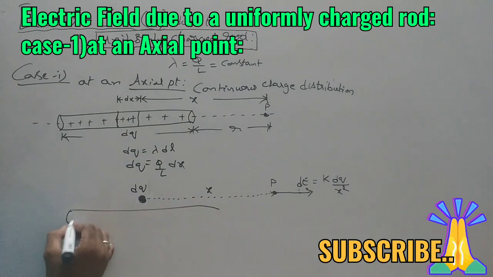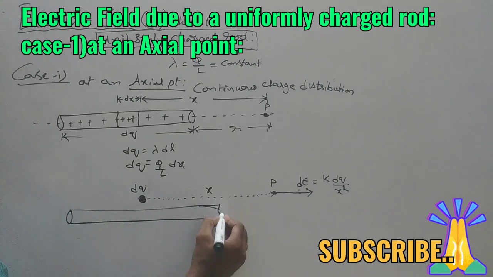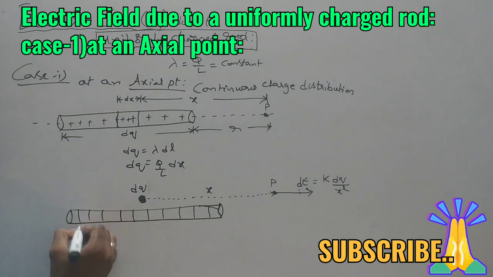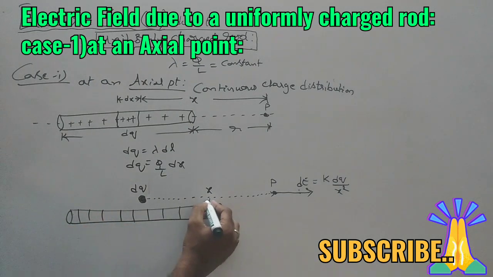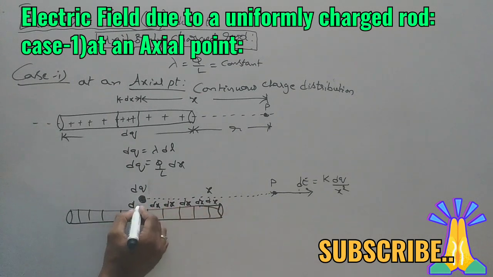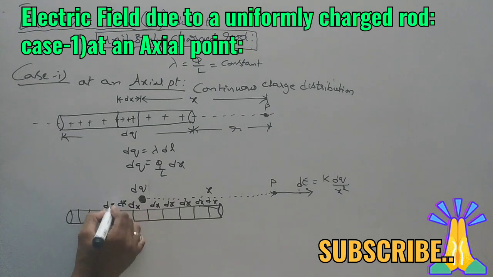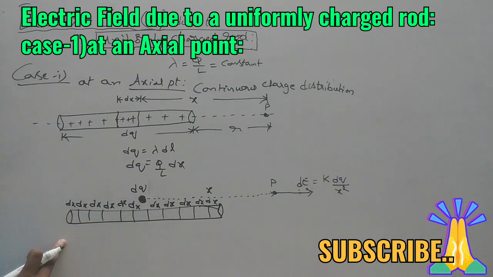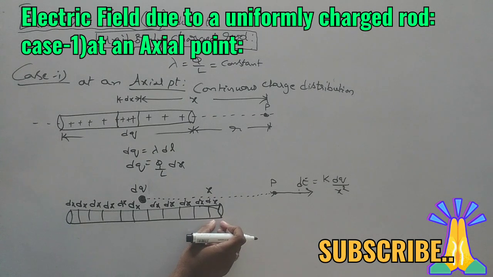Throughout the length of the rod, if I divide it into these types of dx lengths, this is dx, this is also dx length, this is also dx length, like this, I can divide the whole length of the rod into very small elemental lengths like dx.